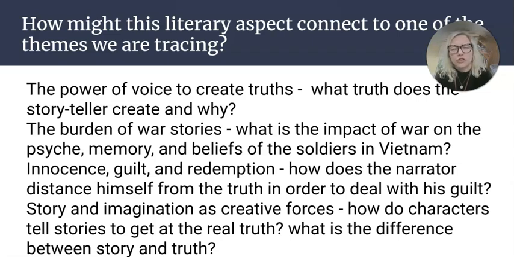The story that's created is the real truth because it accesses emotions, feelings that the storyteller wants to communicate. And so we'll dig into that deeper as we get going. I know right now it feels a little bit out there, right? And then it gets us to that final question: what is the difference between story and truth?